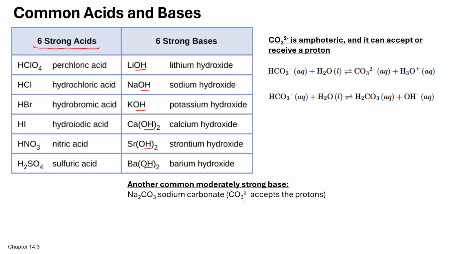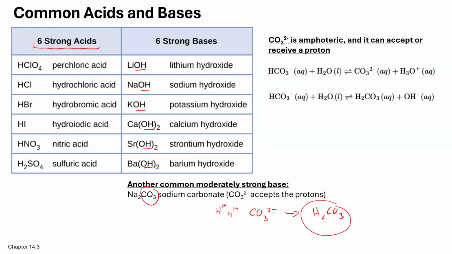It can accept two protons, two H+, which can bond with the CO3 2- to create H2CO3. So this is a base, along with hydroxides, which maybe most of them are.